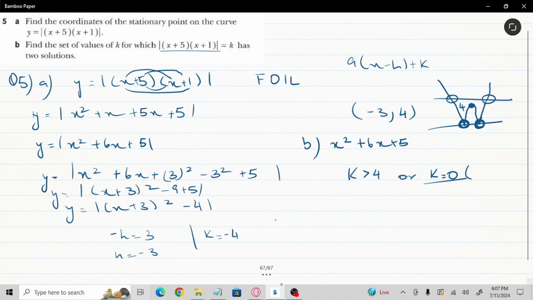By the way, you can add in a bracket the intersection on the x-axis.